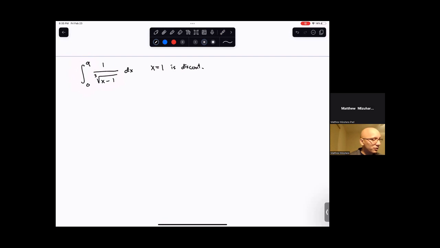And so to solve this integral, I actually need to set up my two smaller integrals. So this needs to be broken up into two pieces. I need to first integrate from 0 up to some n. Let me give myself a little bit more room. And then let n get closer to 1 from the left.